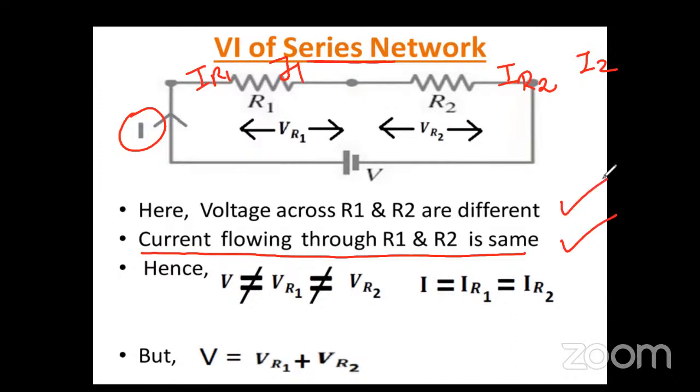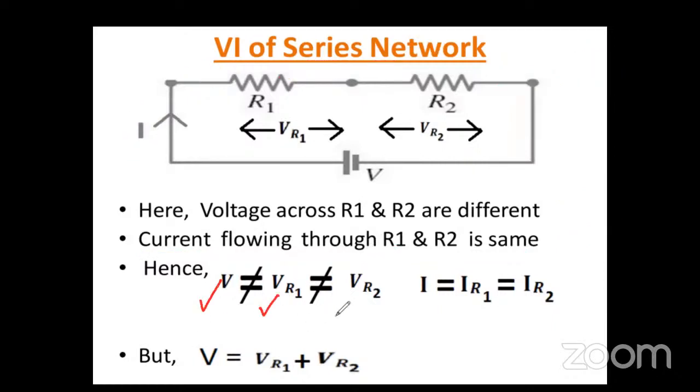Just learn this concept. हमने last time series में क्या देखा था? कि whenever the circuit is in series, the total resistance is addition of all. सबका addition करो. One more concept is कि in the series network, voltages are different, they are not same, and current are same. ठीक है? तो मैंने यहाँ पे hence लिखा है, hence total voltage and individual voltage are all different. तो मैंने यहाँ पे ऐसे लिखा ना, this indicates not equal, ये equal to नहीं है, but the current are same.